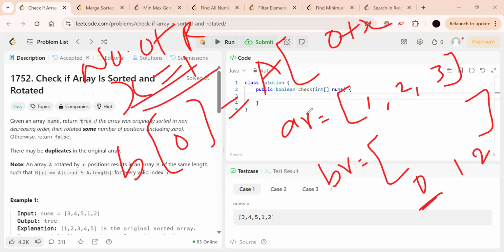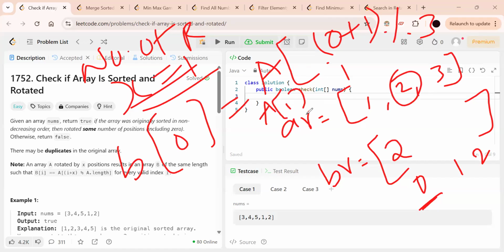So A of 0 plus 1, modulus the length of the array, which is 3. So 1 modulus 3 is 1. So A of 1 is 2. So 2 will come here, 3 will go here, 1 will come here. That's all. It's a simple rotation, guys, like the array is rotated by one step. So 3 comes in that way.